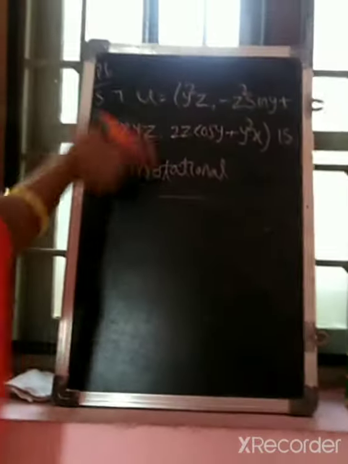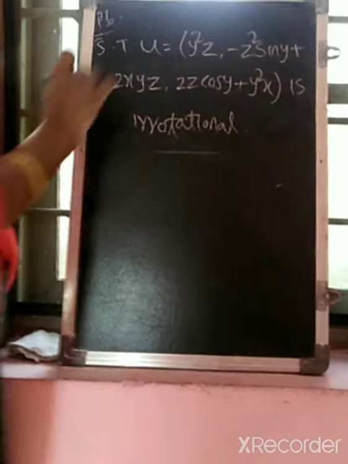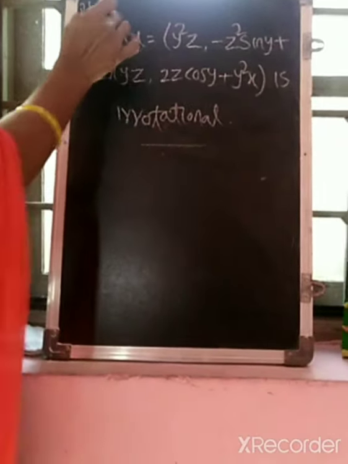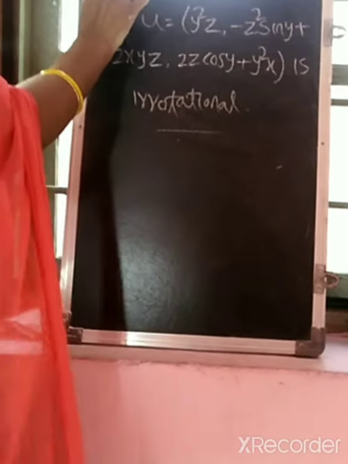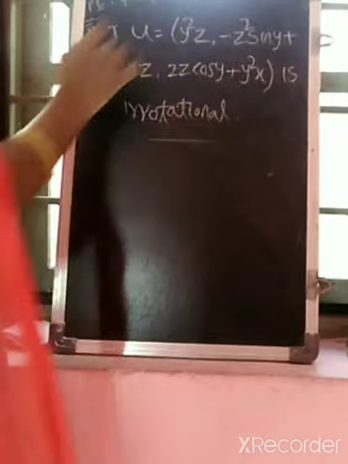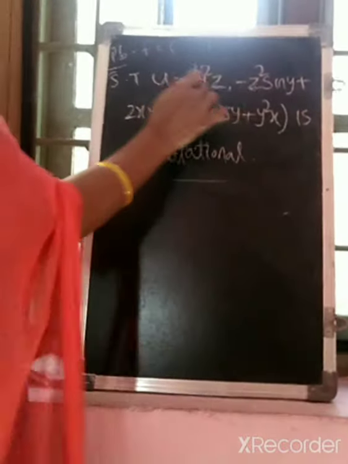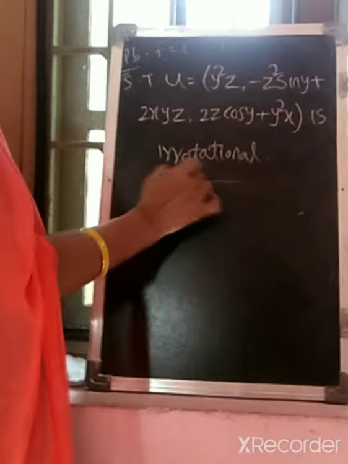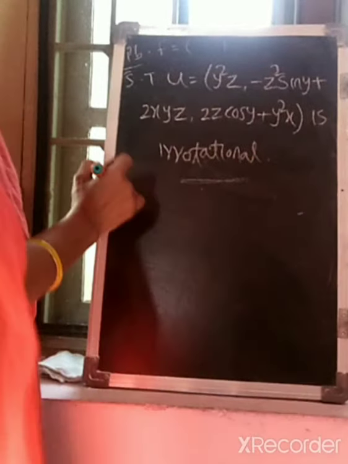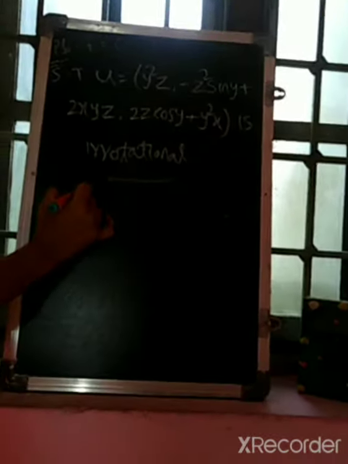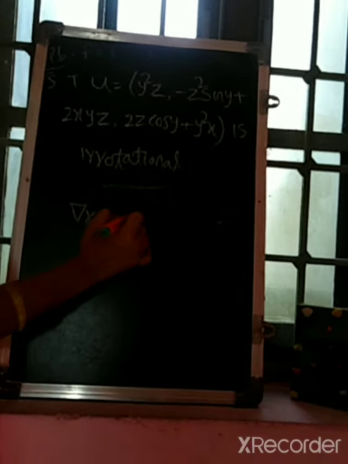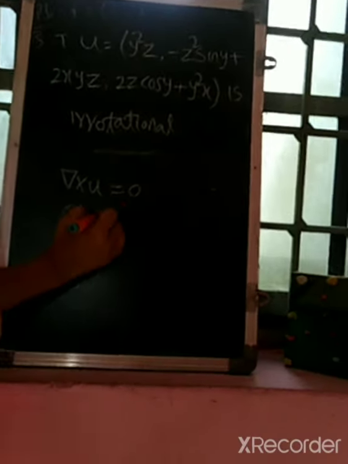This is a similar problem to the previous one. In the previous problem, f is a vector and we had to prove that f is irrotational. Here, show that u is equal to this and is irrotational. So now what can we prove? Here del cross u or curl u is equal to 0.